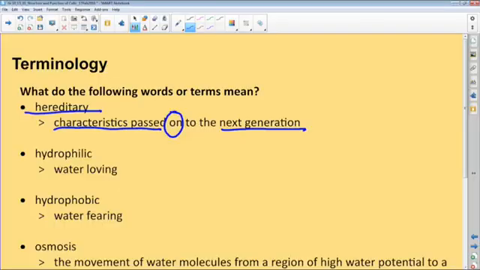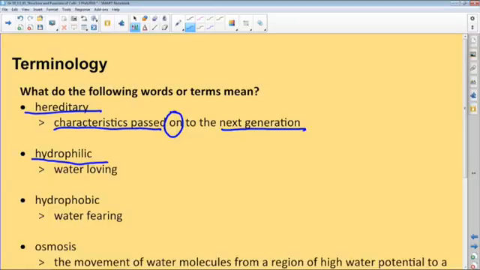Next one, hydrophilic. Hydrophilic is quite cool. Philic means love. They come together. So hydro means water, and philic means love. So what do you think the next one is?